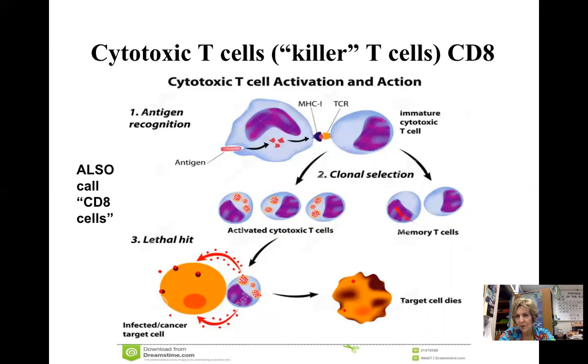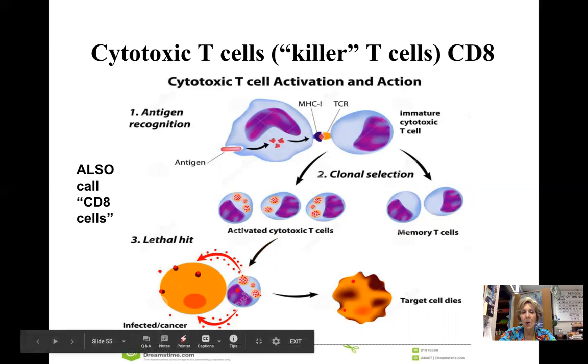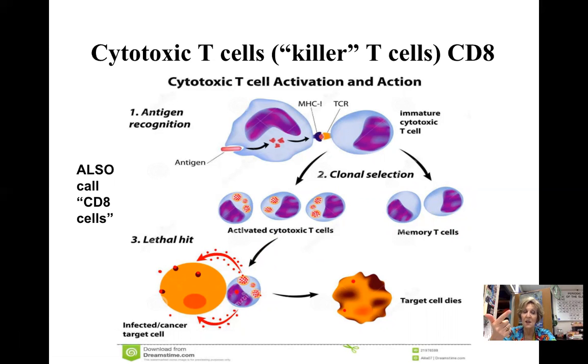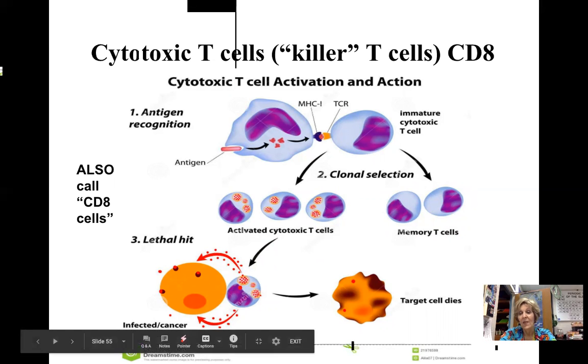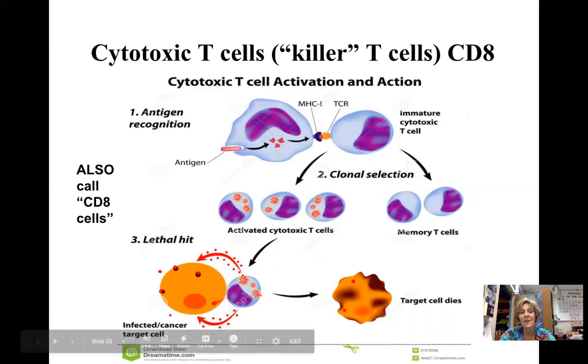Some of them go off to form memory T cells. If they're needed again, they can more quickly get into the active form. And then they go and target specific cells, either infected cells or cancer cells, and they kill them with chemical warfare, like perforin and granzymes, that help destroy the cell.